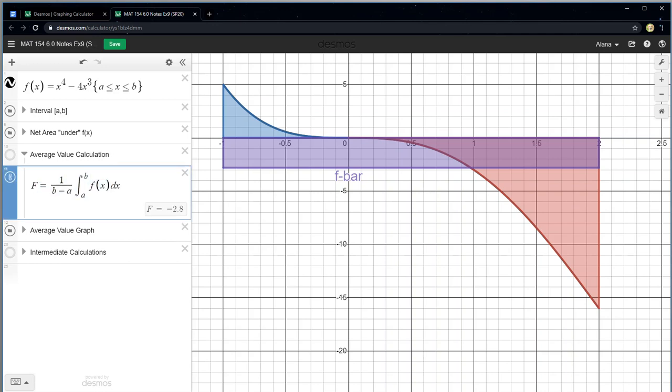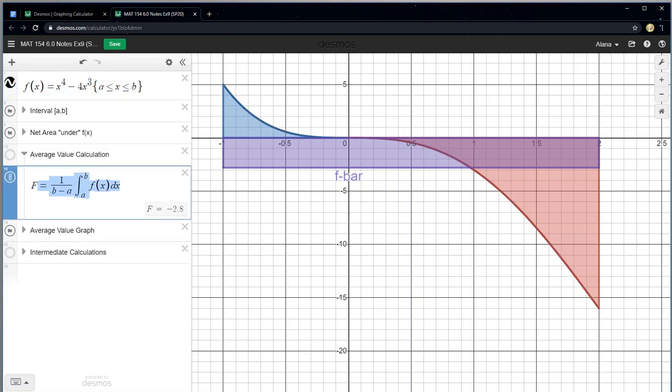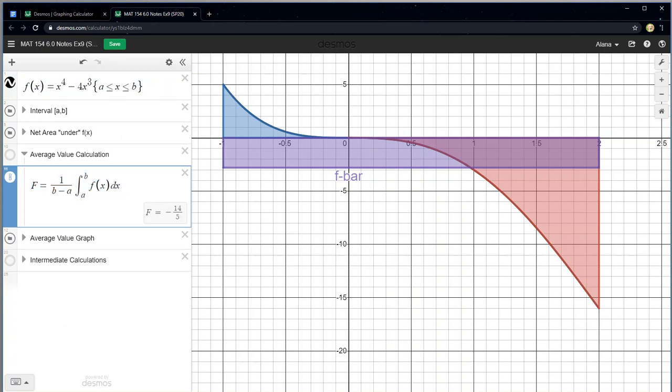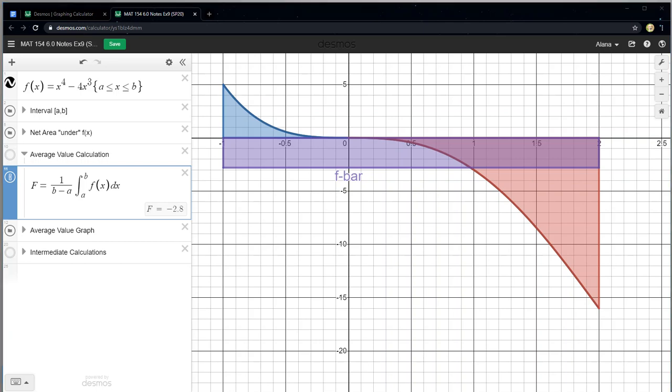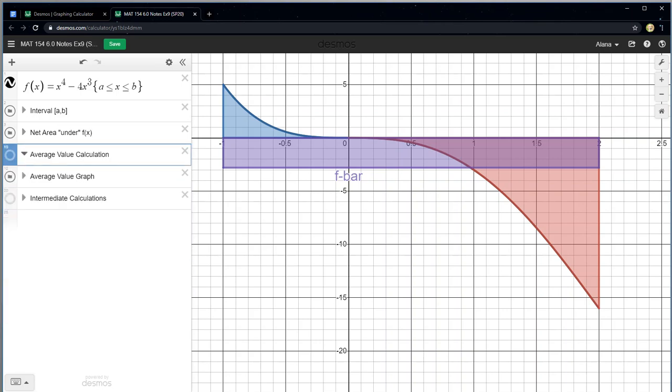If you've named your f of x function right here, and you've named a and b, which I did, I said a was negative 1 and b is 2, then I can just type the function value and it tells me it's negative 2.8 or negative 14 fifths right there. So using function notation and naming things in Desmos is very much to your benefit. Remember that we use Desmos through the entire course as our calculation machine.